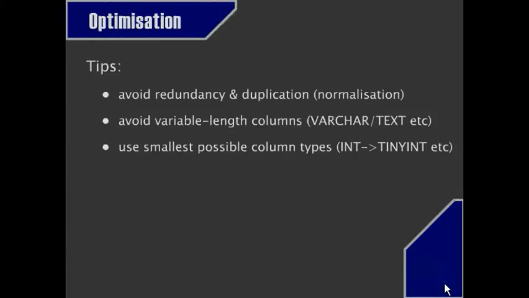When you are designing your tables, use the smallest possible column types. Don't use an int column type where you can use a tinyint or a smallint. On the other hand, try to foresee all realistic scenarios when you create your database design.